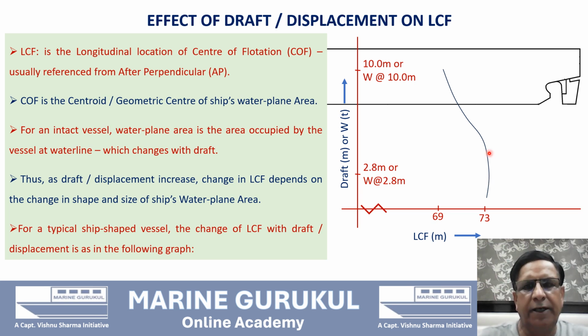Then it is more or less same because the water plane area remains more or less same. Then as the water plane area, because of the overhang, gets added in the after part, it causes a shift in the center of flotation towards aft and hence a reduction in the LCF, and thereafter it again becomes more or less steady.